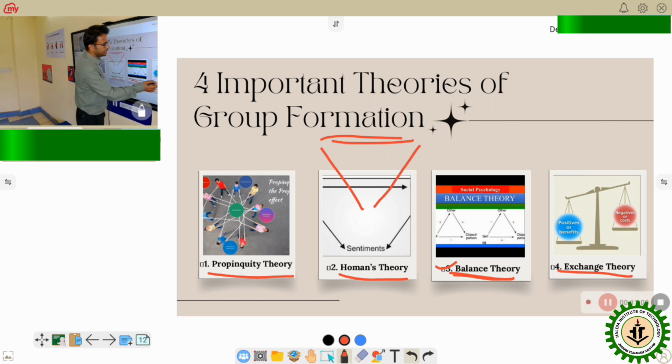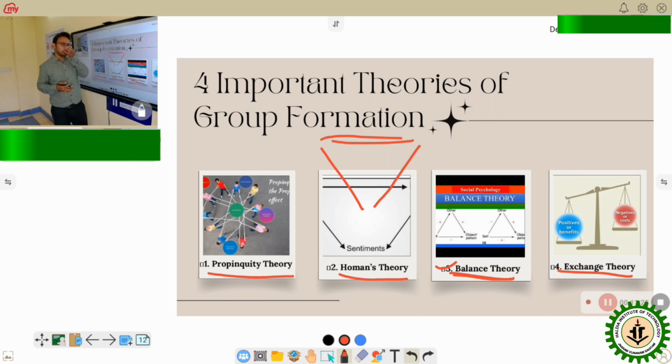And the last is exchange theory. So what is exchange theory? Exchange theory is where people share benefits with each other. Suppose I need something from some other person and he also needs something from me. So we share things with each other. So that is called exchange theory.